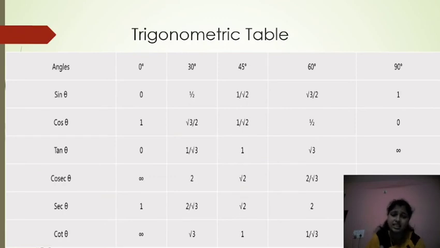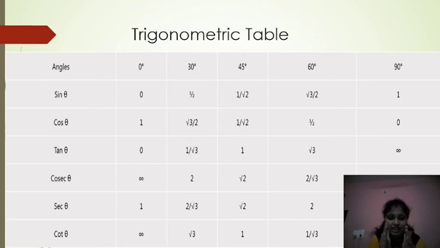This is the table which I was talking about earlier, where the values are fixed. You need to mug up the values. For 0 degree, sine theta is 0, cos theta is 1, tan theta is 0. Similarly, you will have to mug up the rest. If you watch the trigonometric table properly, you can see the value of sine 0 is equal to the value of cos 90. So this works diagonally, which means sine 0 equals cos 90.